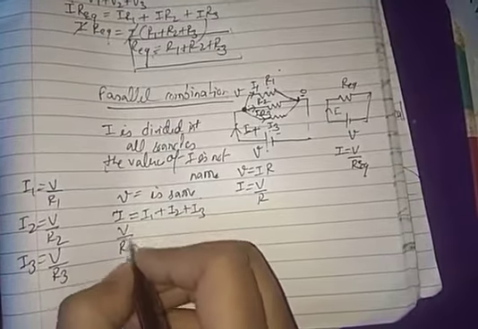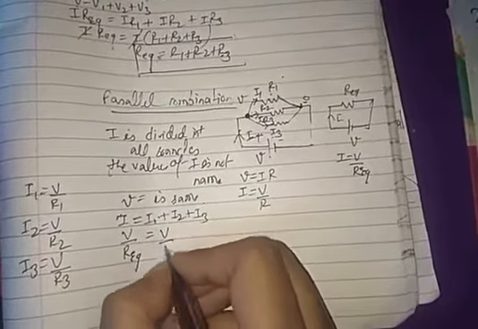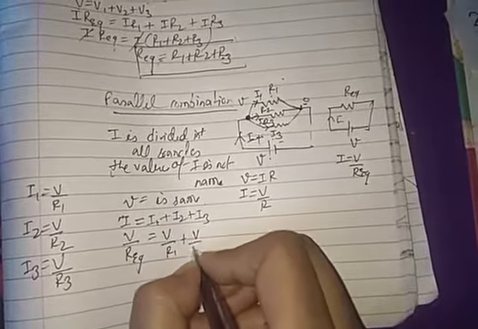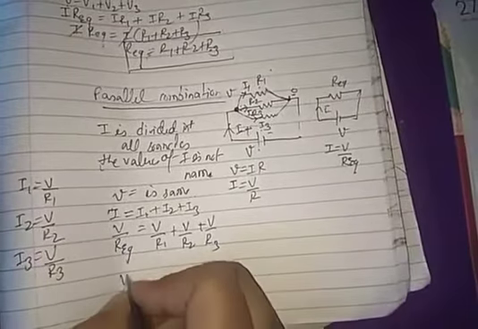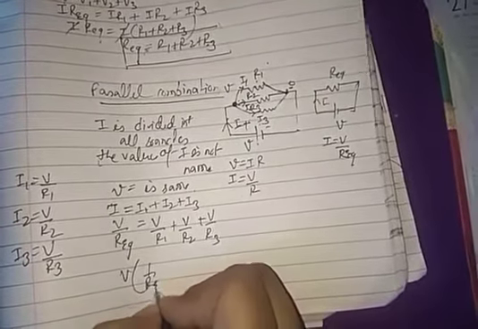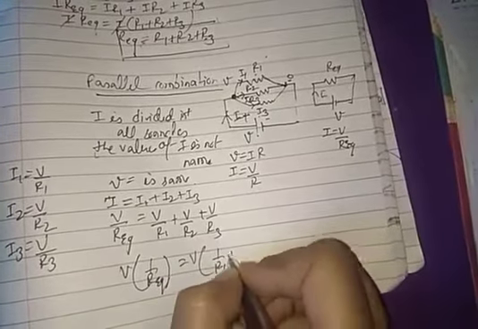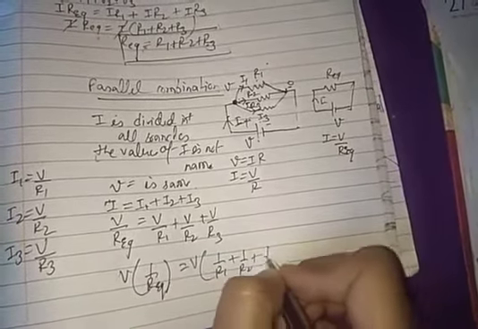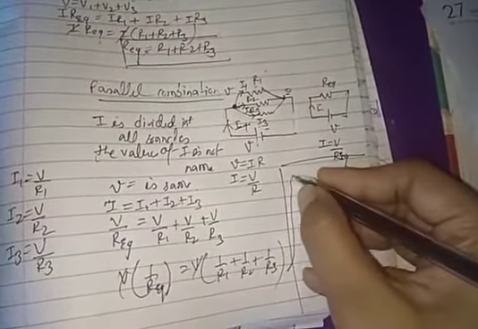So instead of I, we can write V upon Req, instead of I1 V upon R1, instead of I2 V upon R2, instead of I3 V upon R3. Now just take V common. So it is V upon Req is equal to V times 1 by R1 plus 1 by R2 plus 1 by R3. Yes, if you cancel this V, then what will happen?